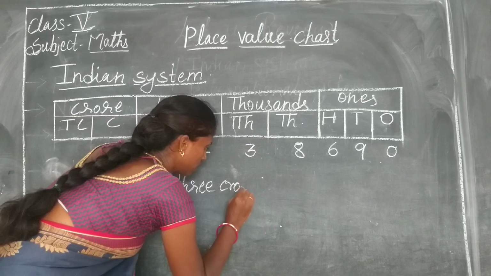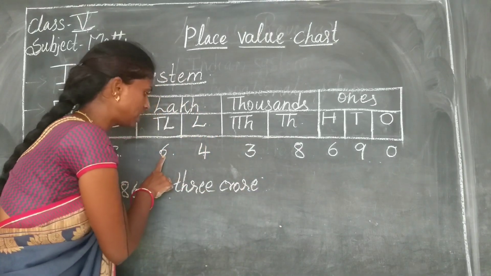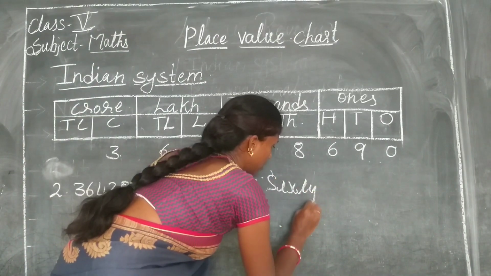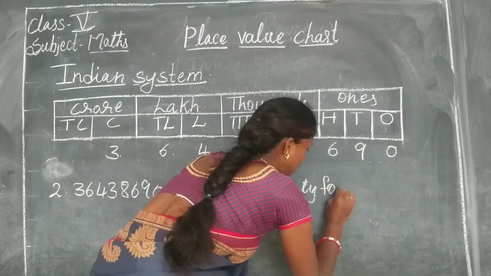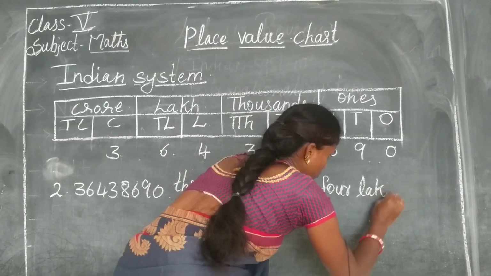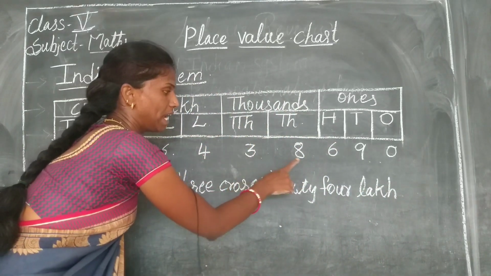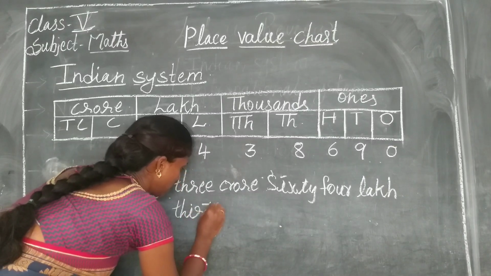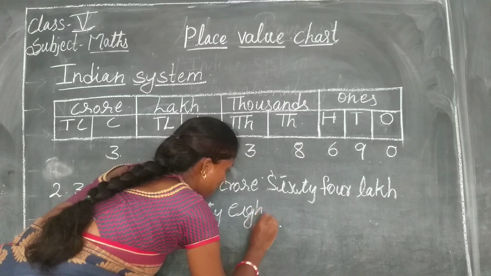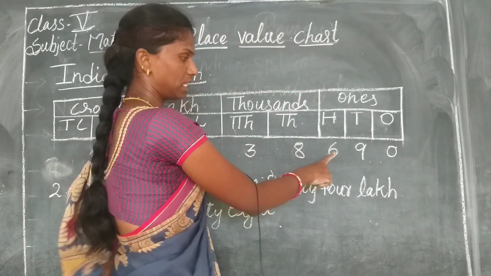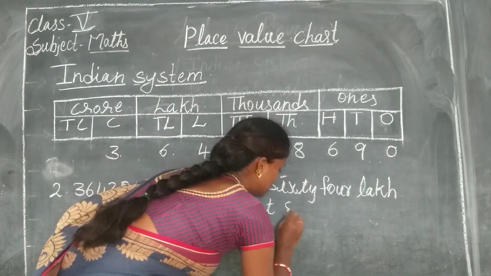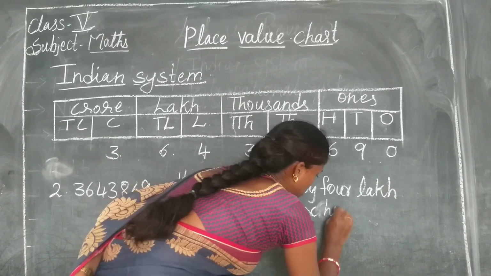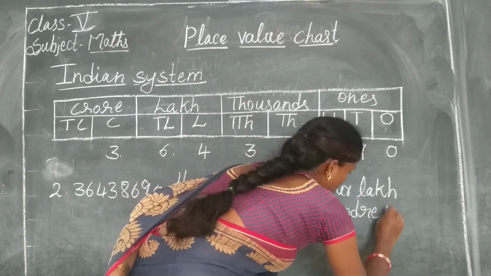3 crore. Both 6 and 4 are in lakhs place, so 64 lakh. 3 and 8 are in thousands place, so 38,000. And 6 and 9 are in ones place, so 690.